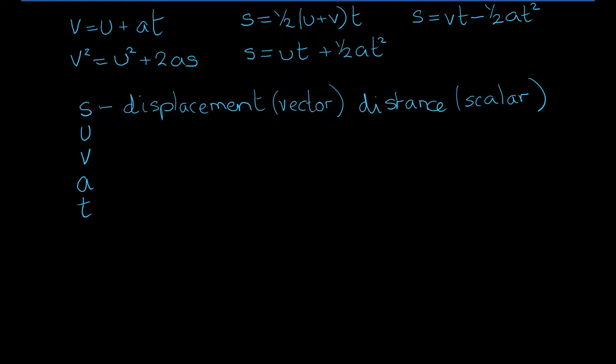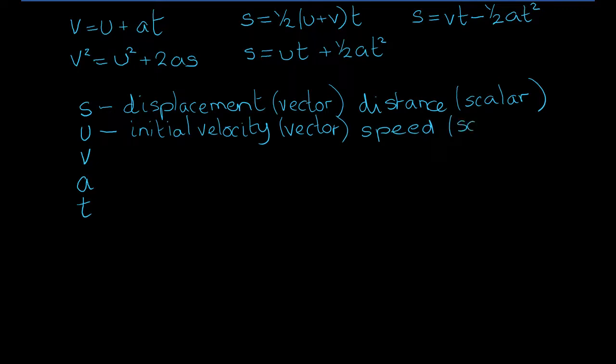U, what does the U stand for? The U is the initial velocity. And velocity again is a vector, and its scalar form that you're more familiar with is speed. V stands for the final velocity.